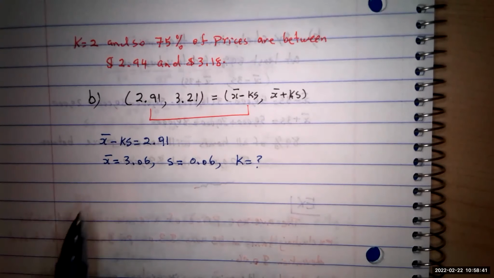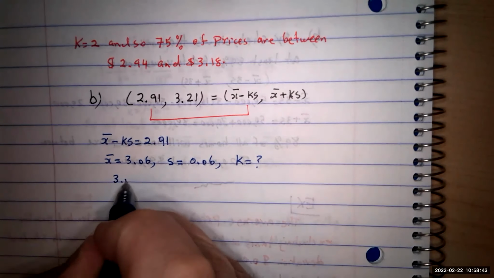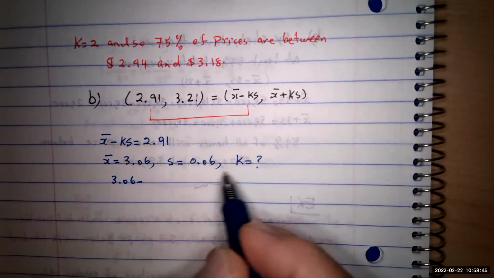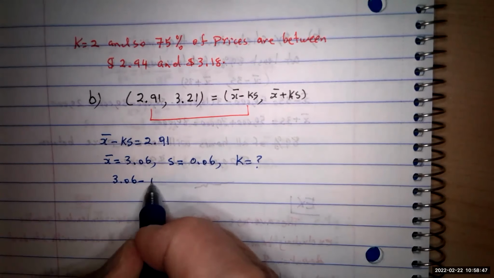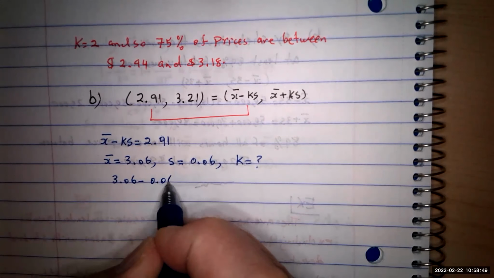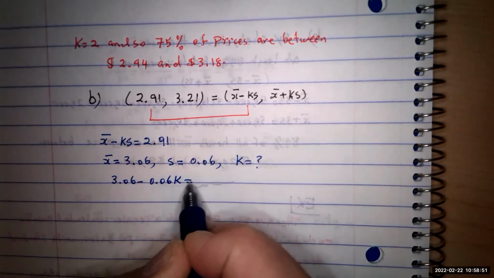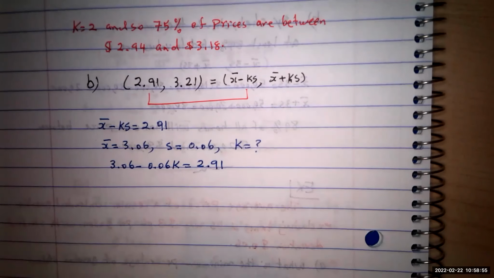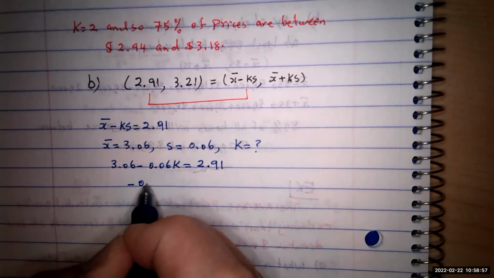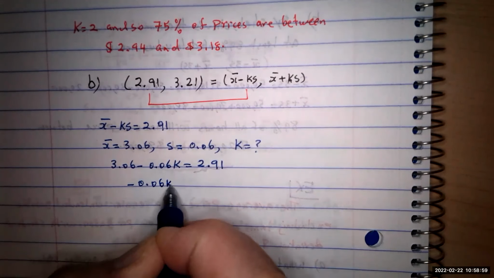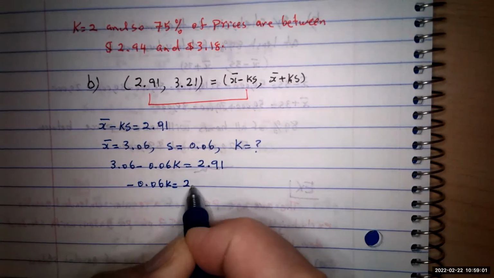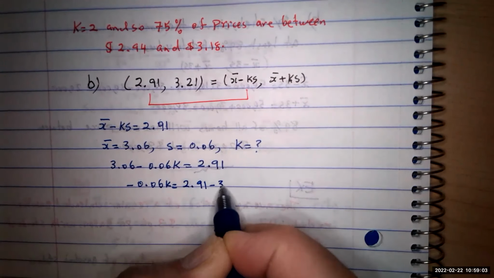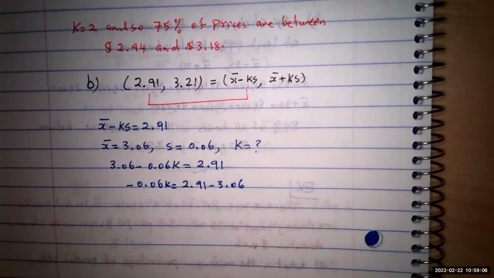So if you substitute this time, you're going to have 3.06 minus 0.06 K, which is equal to 2.91. So for K, it's going to be negative 0.06 K equal to, again, 2.91 minus 3.06.